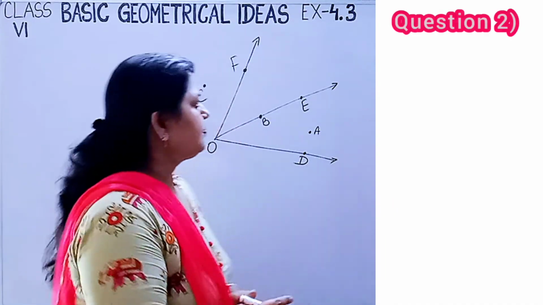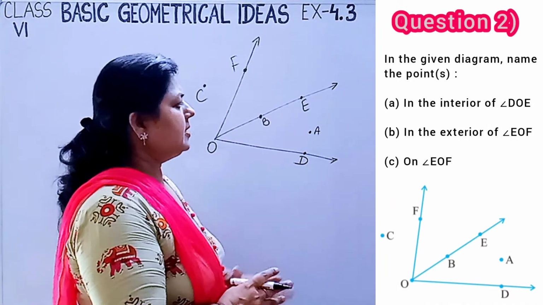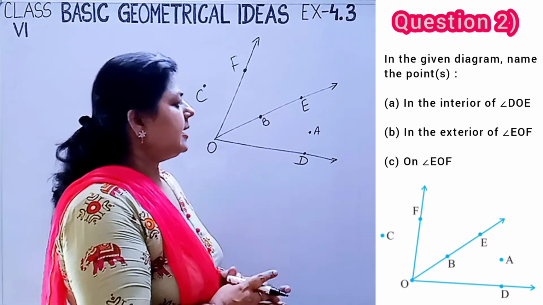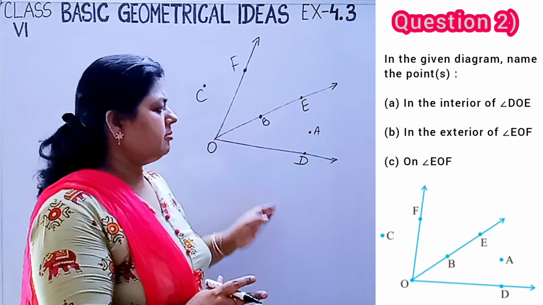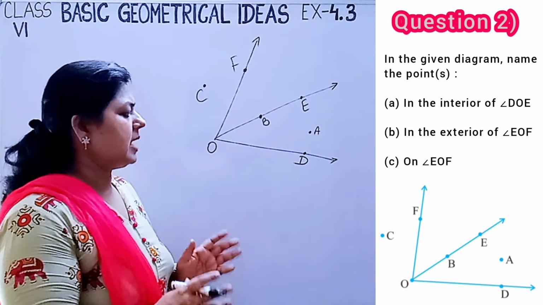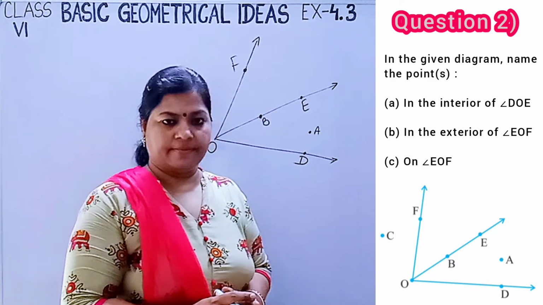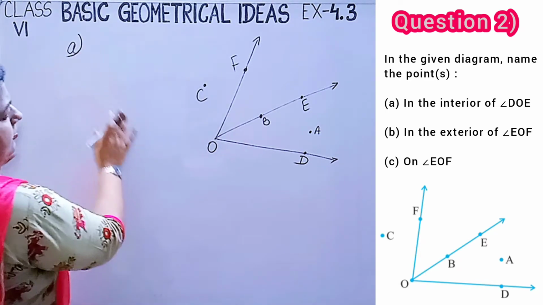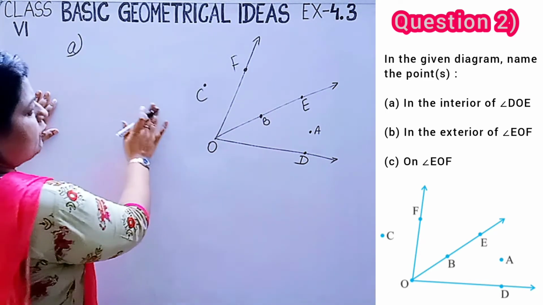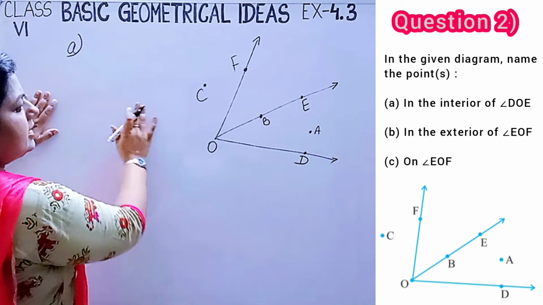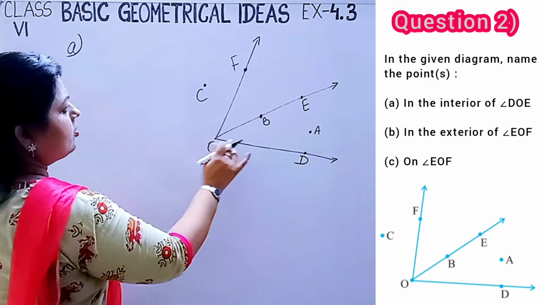Question number 2. In the given diagram, name the points: A. In the interior of angle DOE, B. In the exterior of angle EOF, C. On angle EOF. So A part is we have to write down the points which are in the interior of angle DOE.